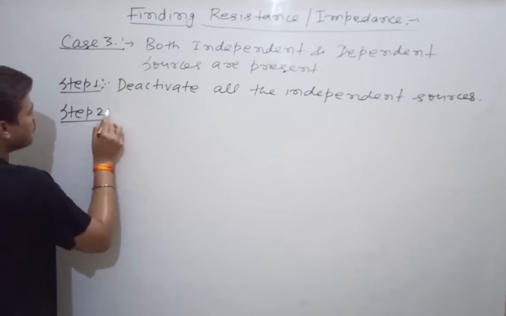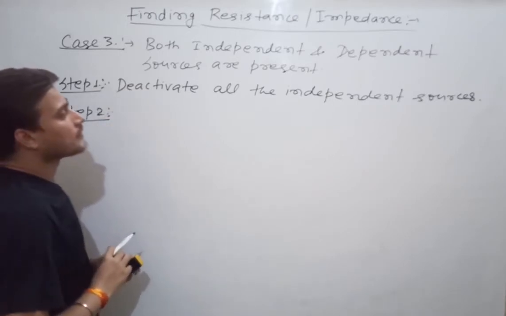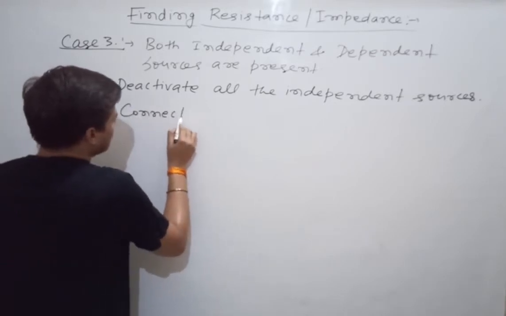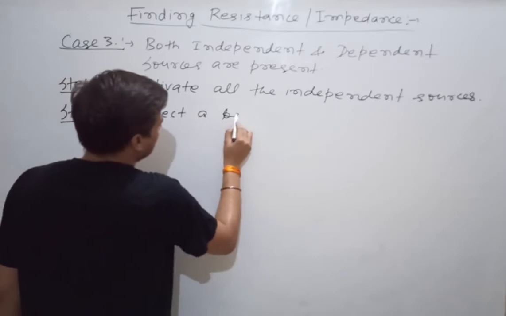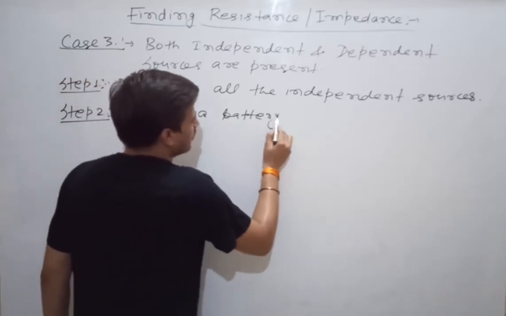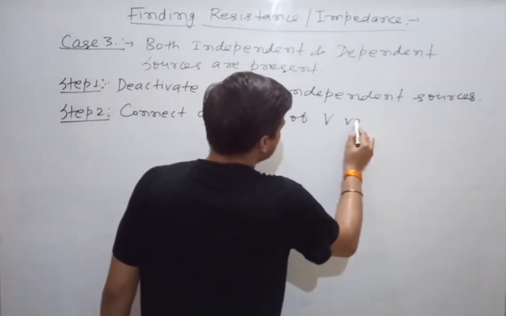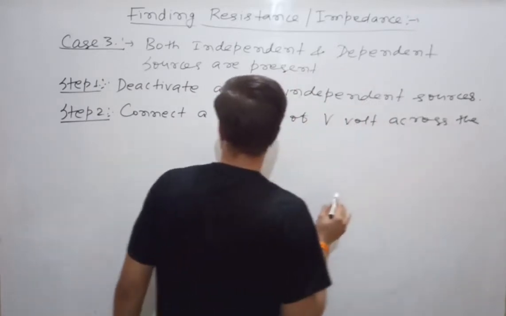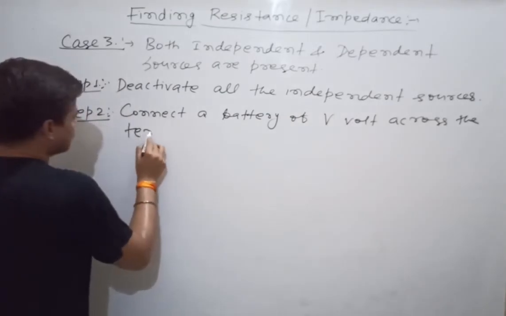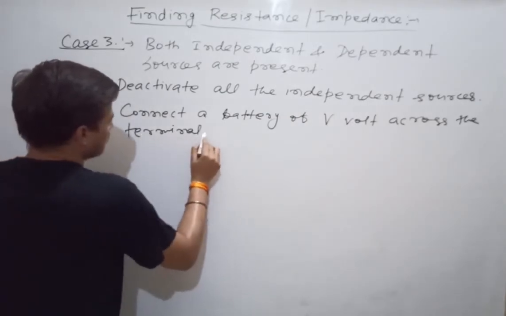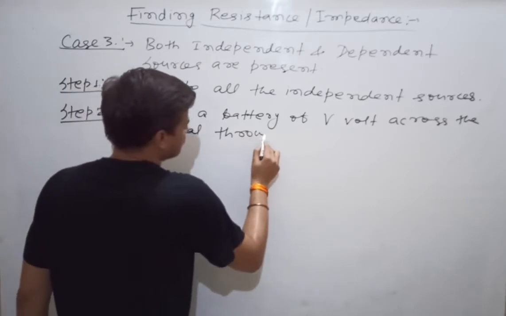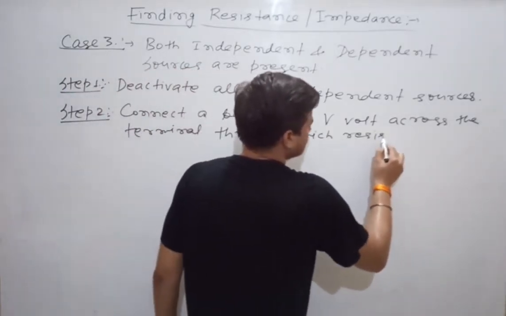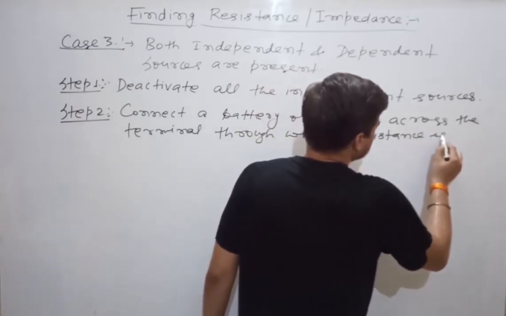Step 2. Connect a battery of V volt across the terminal through which resistance is seen.